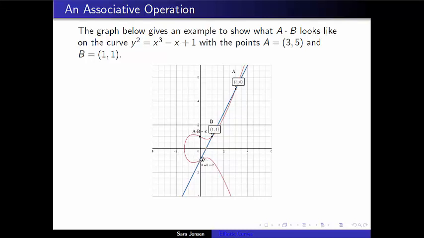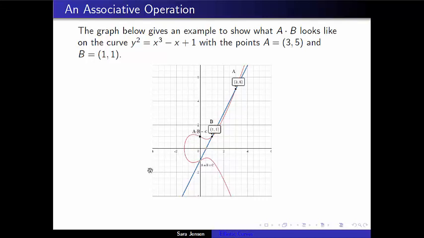In order to make this dot operation associative, we're going to say that A dot B is not this third intersection point down here, but rather its reflection across the x-axis, which we're going to call negative C. We're going to think of it as the opposite of that, and that negative sign is going to stand for opposite. So A dot B would be this point that we have identified right here on the curve.